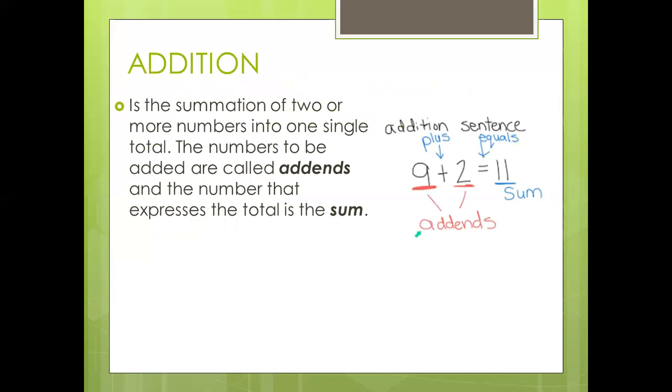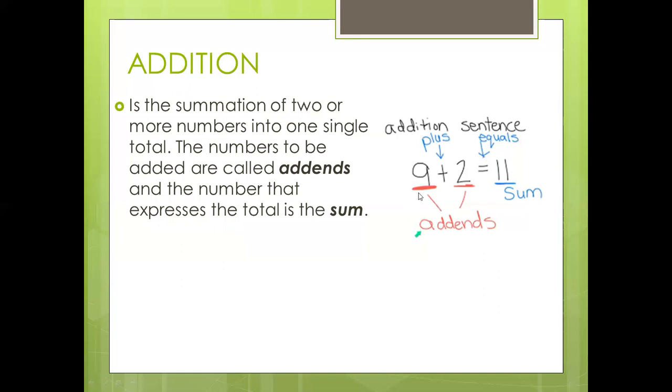Addition is the summation of two or more numbers into one single total. The numbers to be added are called addends, and the number that expresses the total is the sum. We have here an example: the numbers 9 and 2.